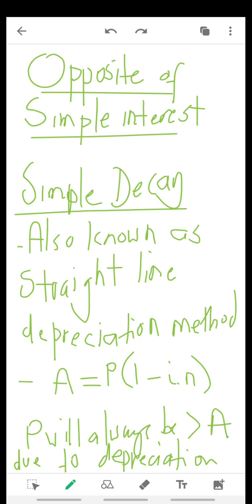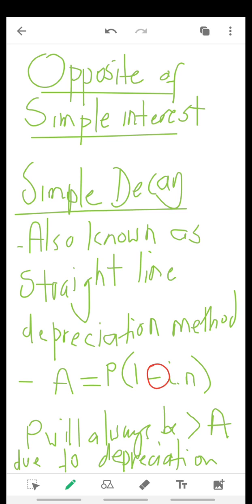And usually we don't call it simple decay. Okay, we also call it the straight line depreciation method. So it is also known as the straight line depreciation method. Of course, with simple interest, we are having more at the end of the period, but with simple decay or the straight line method, we are having some depreciation, and the final amount will be smaller than the initial amount.